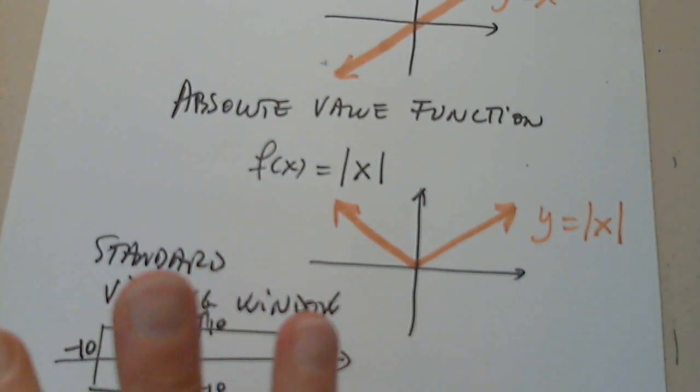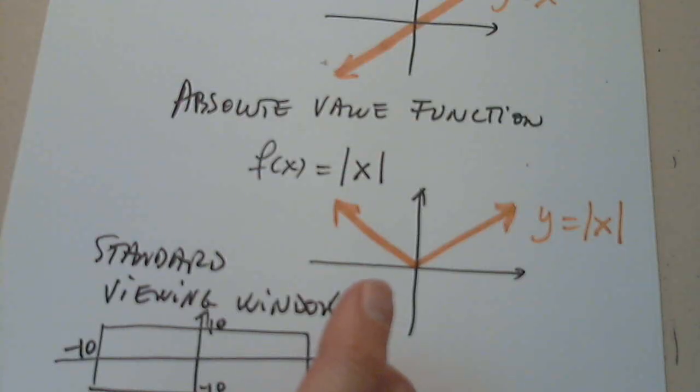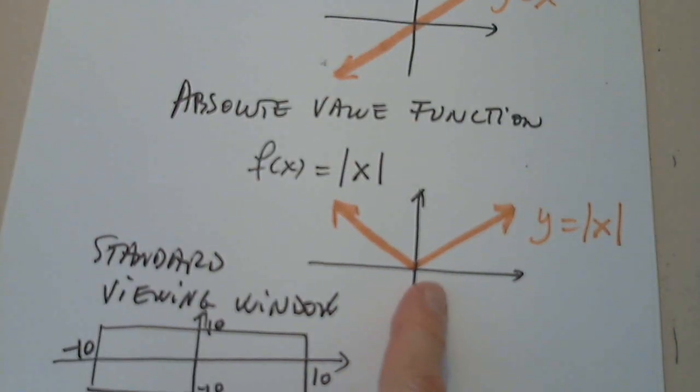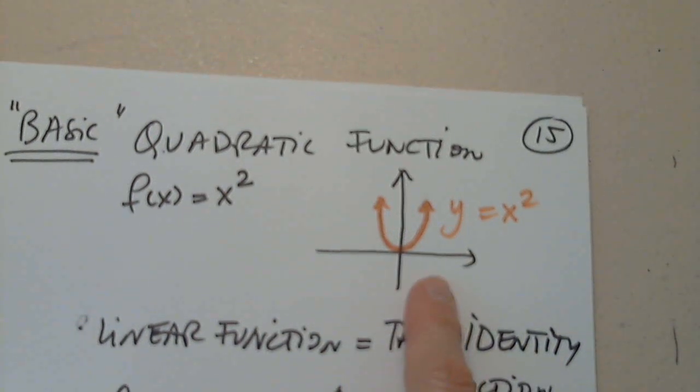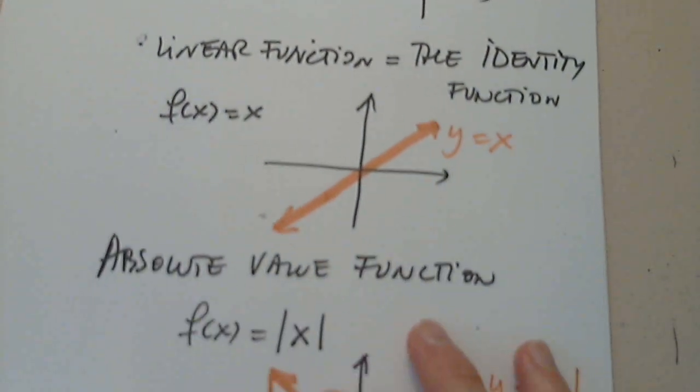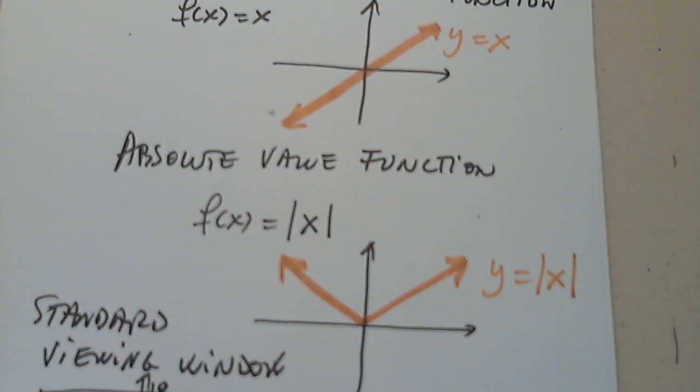Now let's make a decision. Is this good enough for this? Yes. Is this good enough for this? Yes. Is this good enough for this? Yes. Otherwise, I will have to adjust the viewing window. How do I adjust if I need to? I will not adjust it now. I will use Zoom 6. But if you need to adjust it, you click on Window: X minimum, X maximum, the scale.